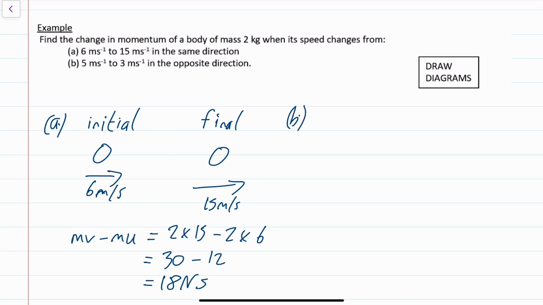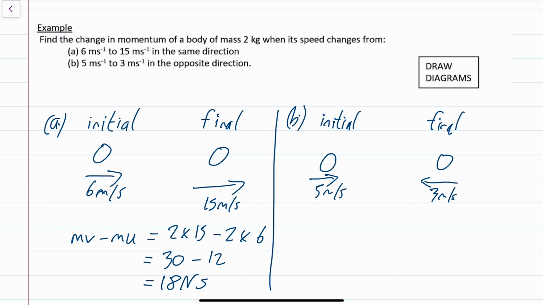Now part B is a little bit different. Again, your initial, it says it's going at 5 meters per second in that direction, but the final then, it changes direction. So the final, it's actually going 3 meters per second the other way.